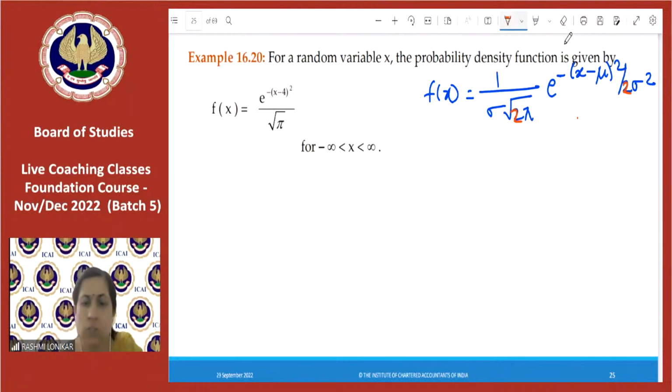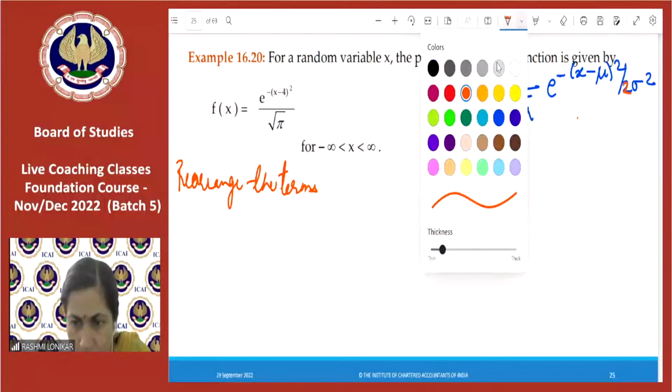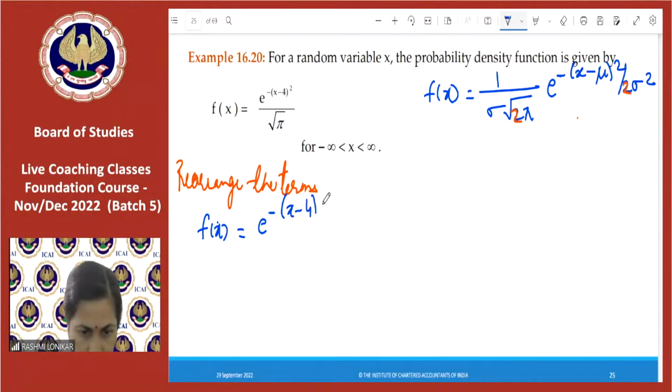Okay. So here what we do is we will rearrange the terms. So what I do is I write down f(x) is equal to e raised to minus (x minus 4) whole square.